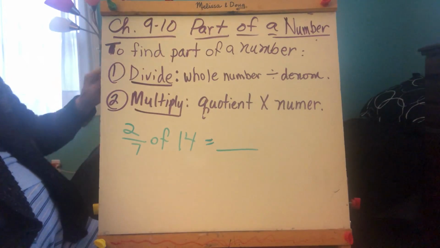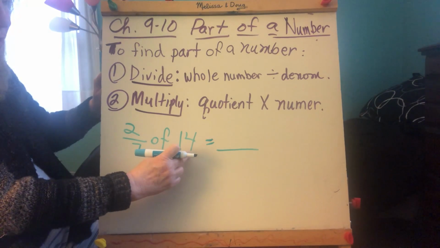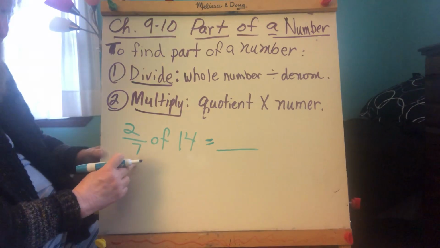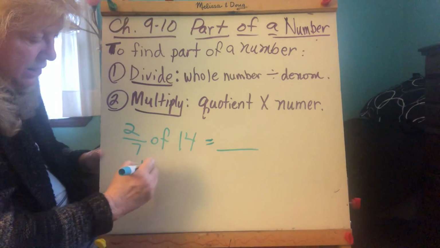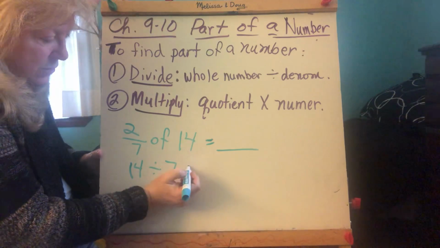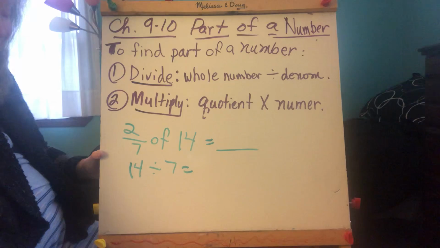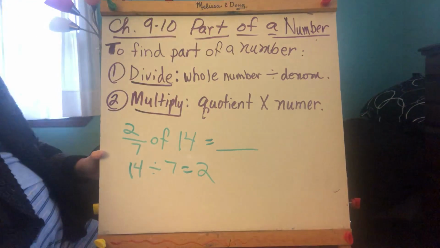So the first thing is you divide your whole number by your denominator. So 14 divided by 7. What does 14 divided by 7 equal? 2, right? 2 times 7 is 14.